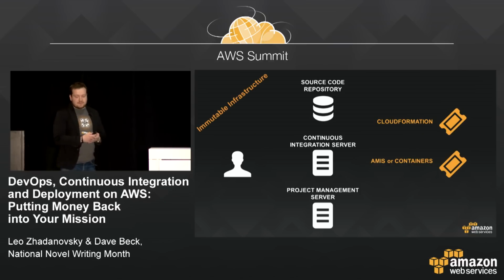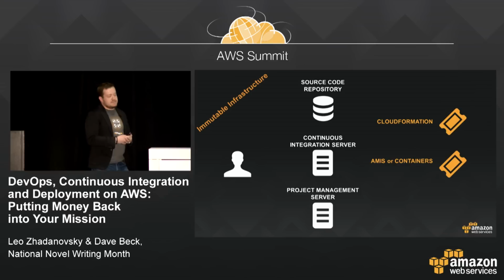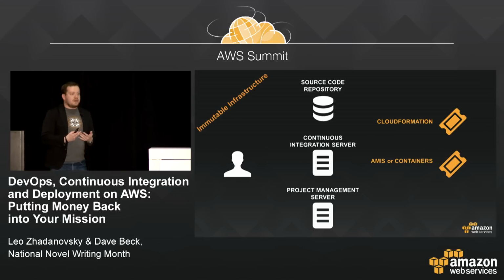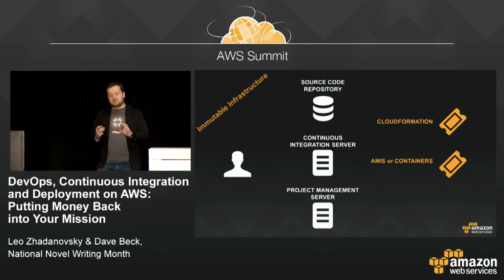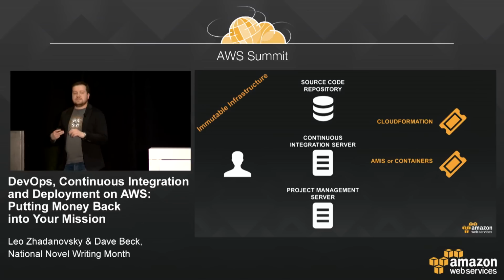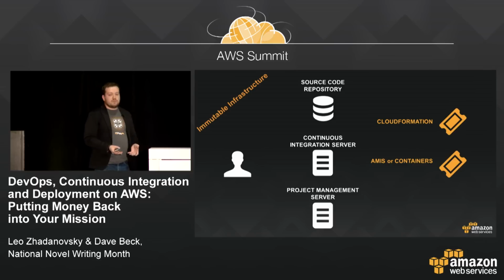Now, something that I've recently seen, which is now possible, is to do immutable infrastructure. So instead of updating the same set of instances with your new software, you just build new instances and new infrastructure every single time you deploy. So using AWS CloudFormation, you could bring up a whole new stack.